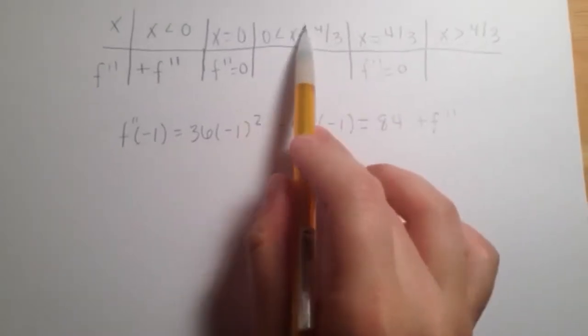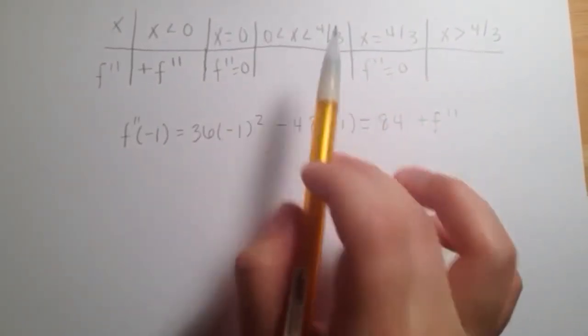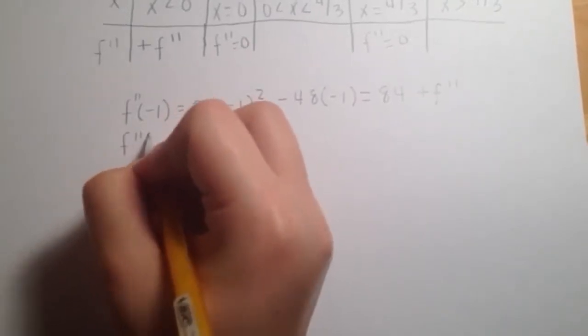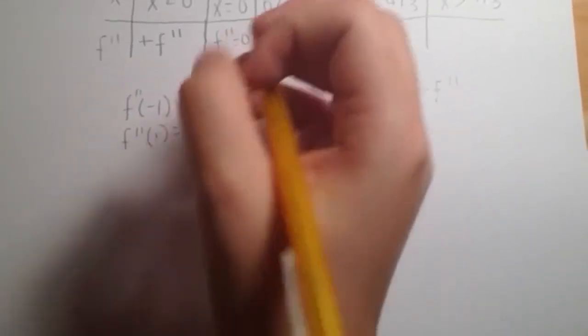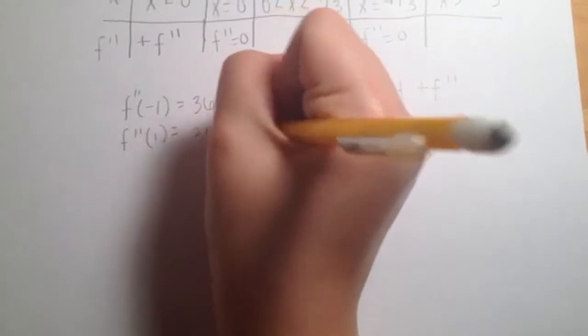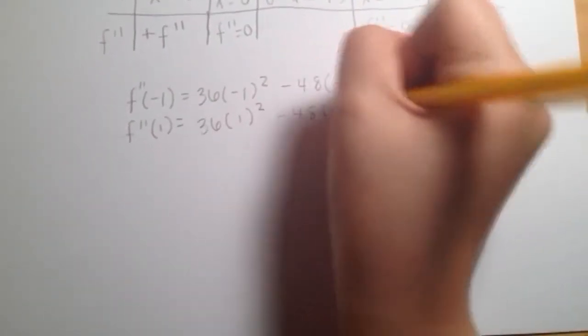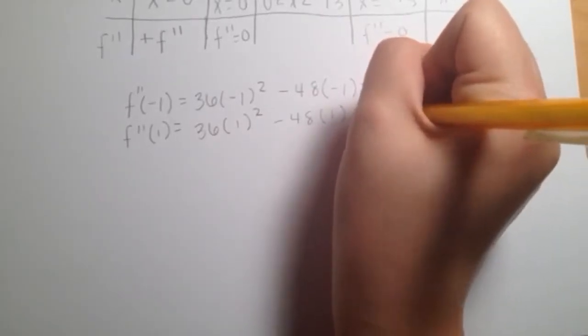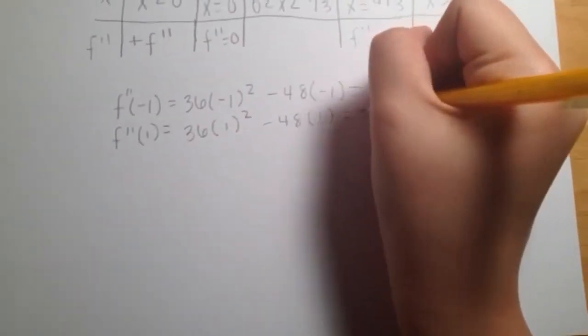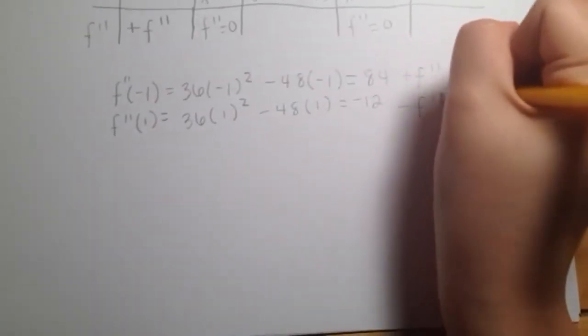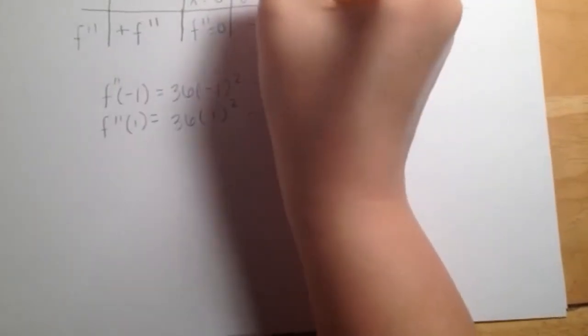Then we have to plug in a number from this range of numbers. I used 1. 36 times 1 squared minus 48 times 1 equals -12. So that's negative. So we put negative.